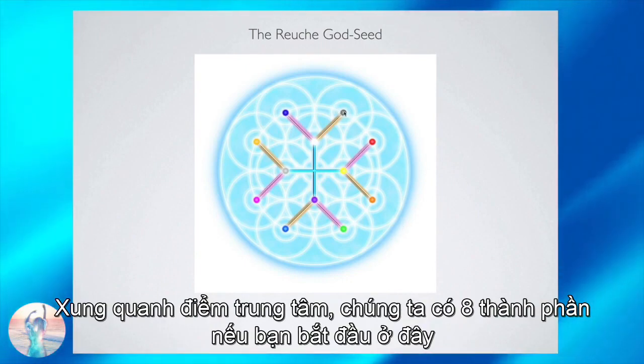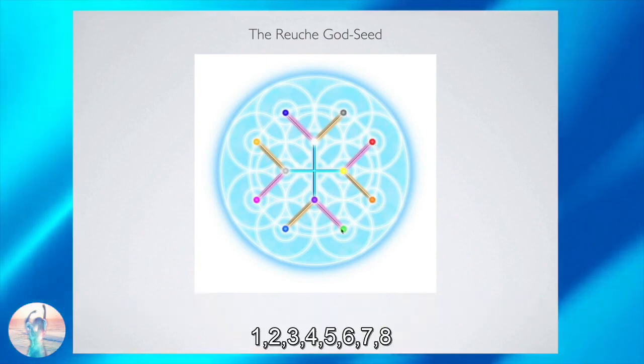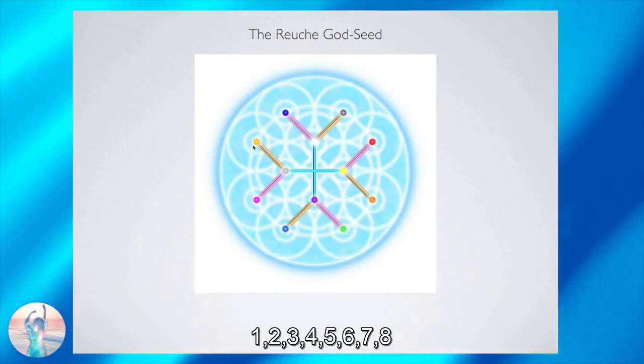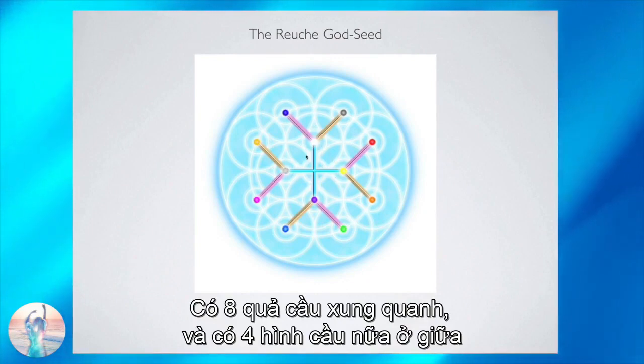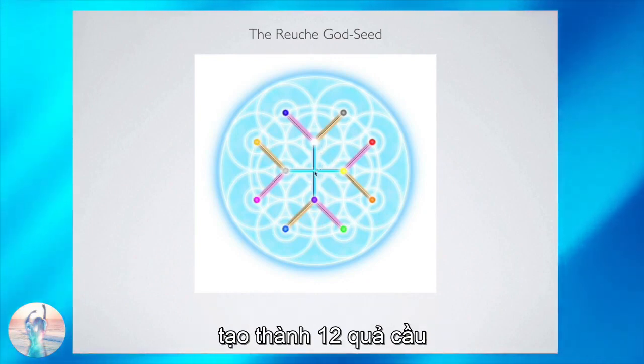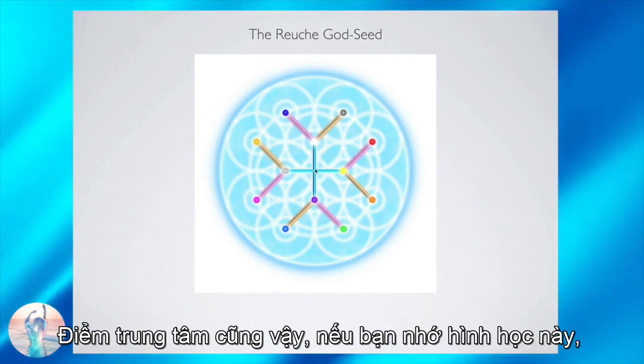So if you start here, 1, 2, 3, 4, 5, 6, 7, 8. So you have 8 balls around the center, and you actually have like 4 in the center. So it creates 12 spheres and the center point as well.